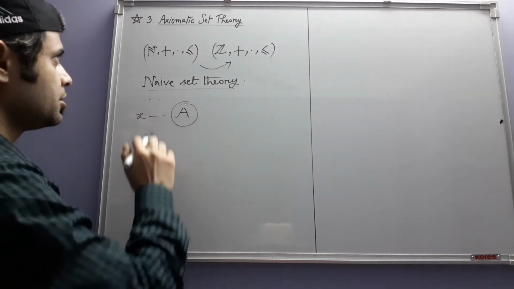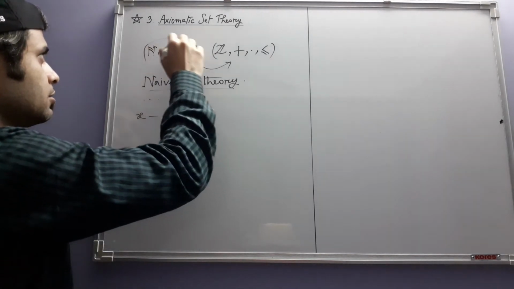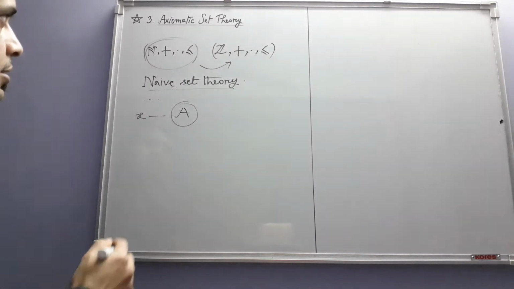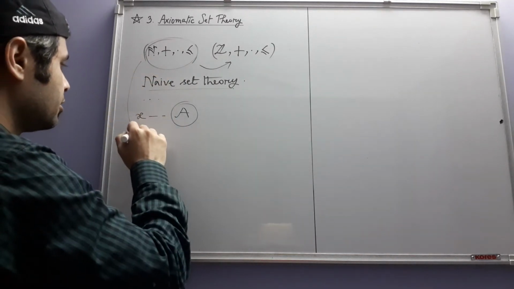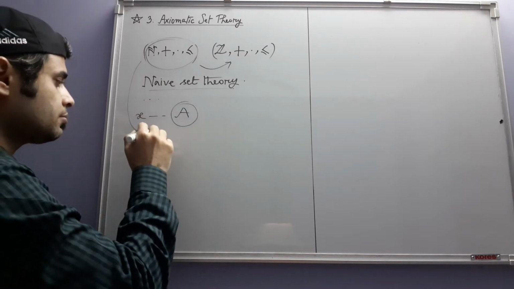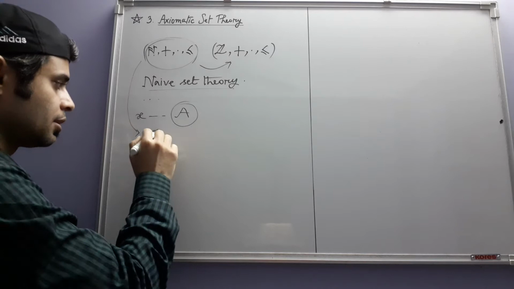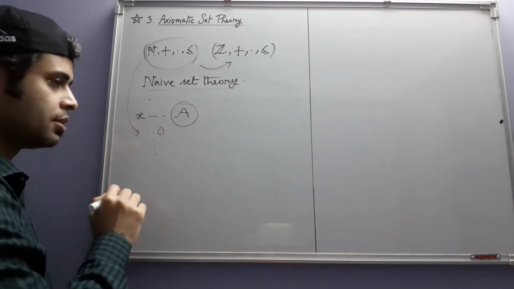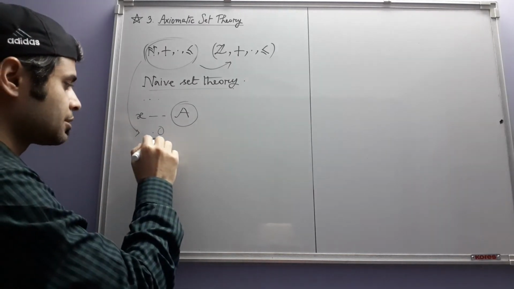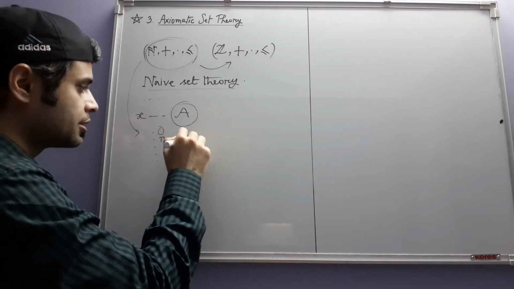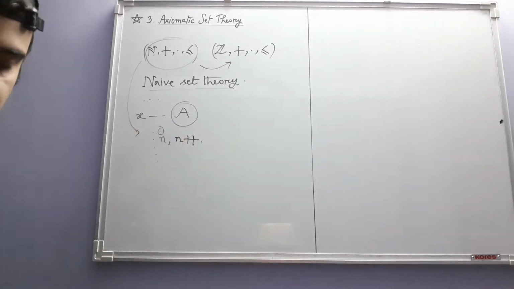And the approach is much like how we developed the system of natural numbers. That is, if we quickly recall what we did here, we introduced 5 axioms. The first one was that 0 is a natural number. The second one was that for every natural number n, there is a successor n plus plus.